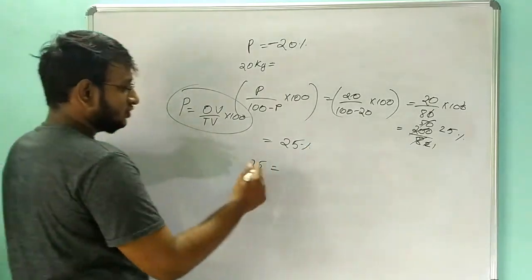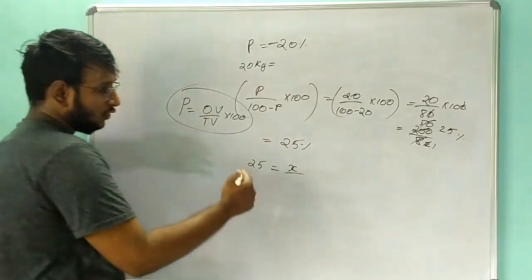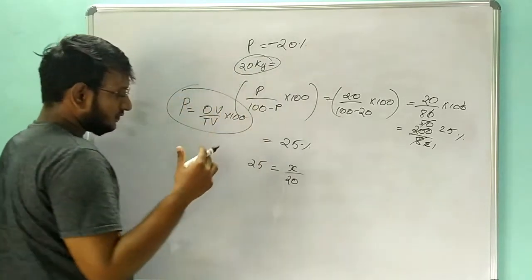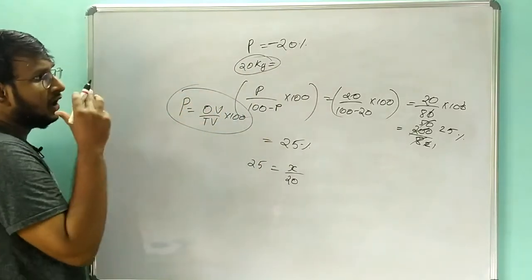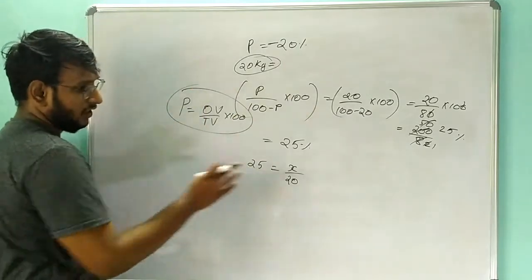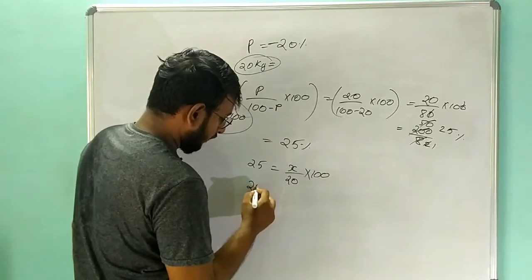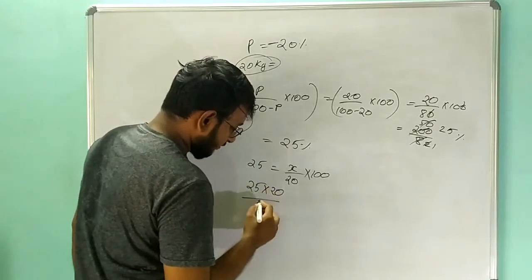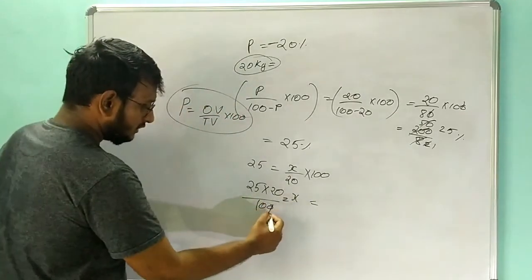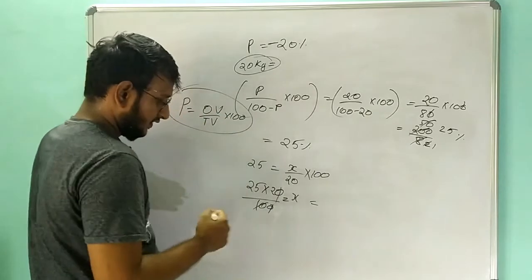So 25 is equal to, we don't know how many kgs we can buy, so the total kg will be 20, into 100. So 25 into 20 divided by 100 will give us 5.